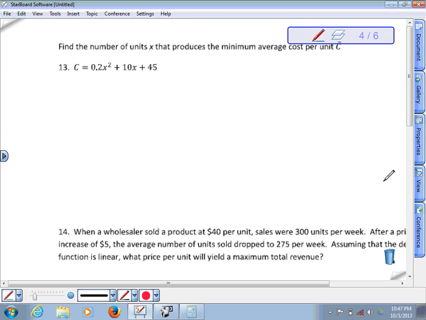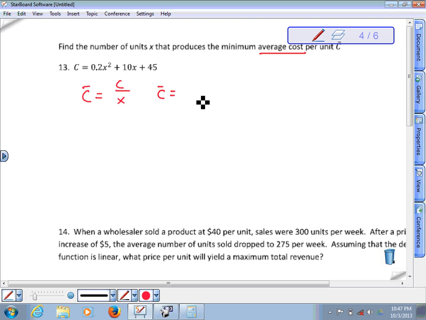Okay, question 13. Find the number of units x that produces the minimum. So right here, this means we're going to be optimizing using a derivative, using the first derivative test. But what we're minimizing is the average cost. We've been given a cost function. The average cost, C bar, is equal to C over x.